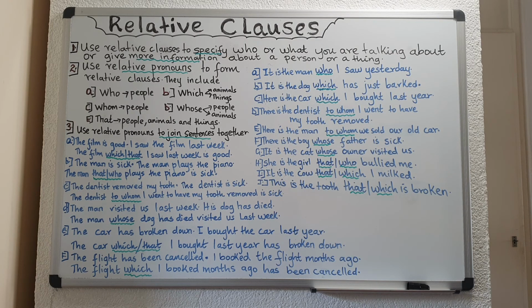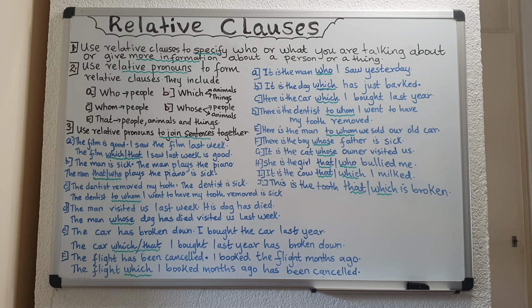Now, look at example F. The flight has been cancelled. I booked the flight months ago. It becomes the flight which I booked months ago has been cancelled. The flight which I booked months ago has been cancelled.